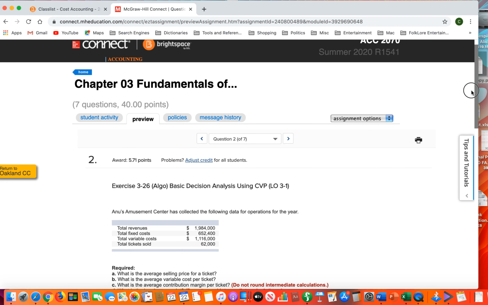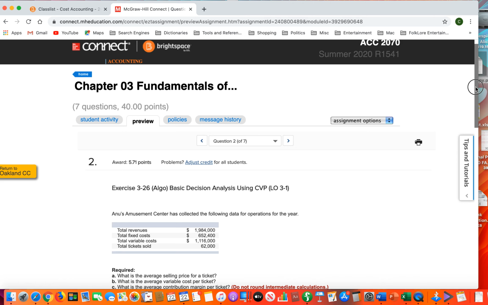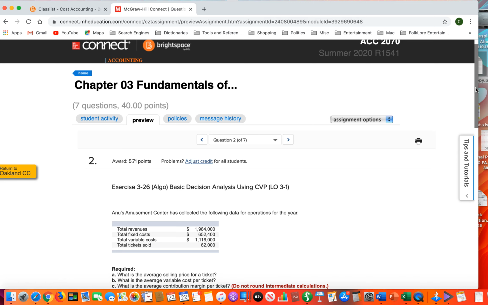Now, C, what is the average contribution margin per ticket? Well, what is the contribution margin, folks? I just told you on a previous slide. The contribution margin is sale price minus variable cost. Well, we have it in terms of totals.